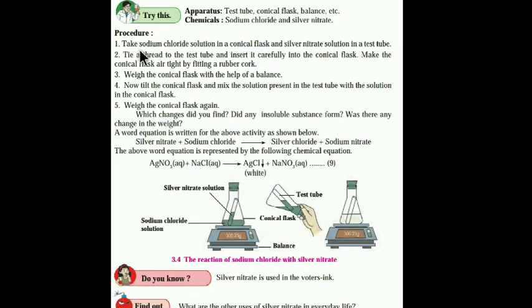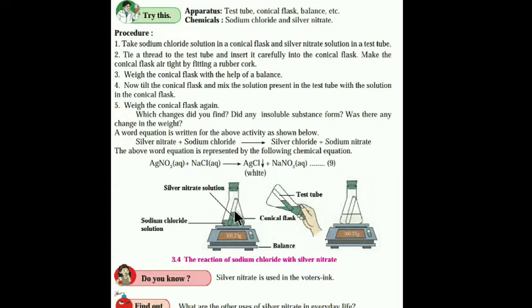Take sodium chloride solution in a conical flask and silver nitrate in a test tube. Second, tie a thread to the test tube and insert it carefully in the conical flask. Make the conical flask airtight by fitting a rubber cork.